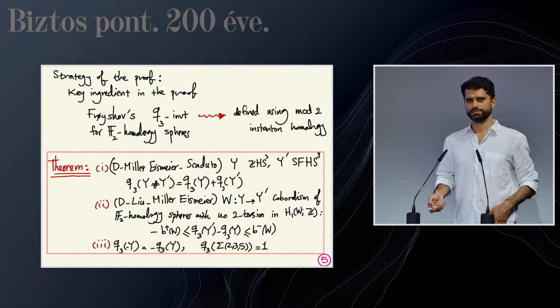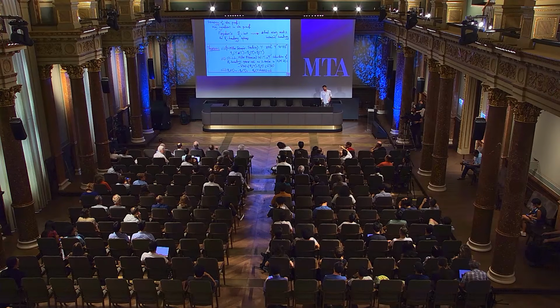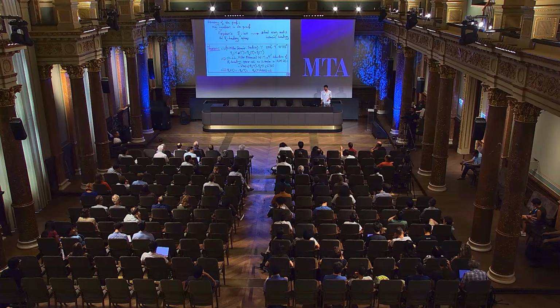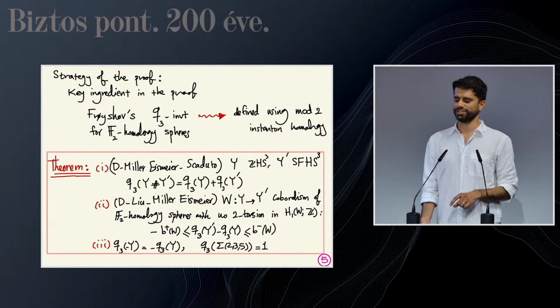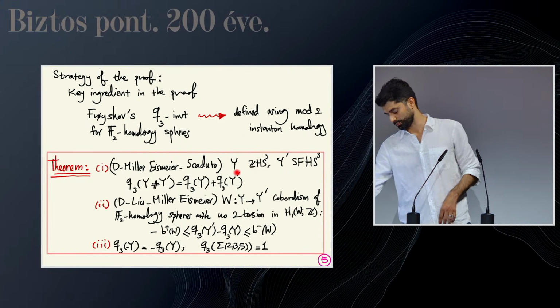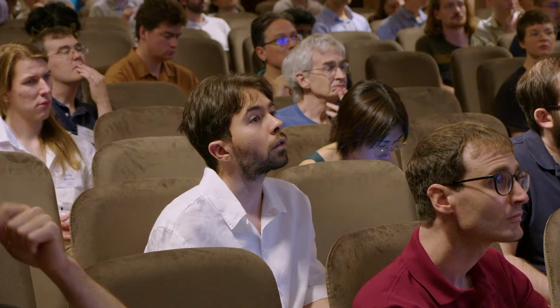Any questions up to this? Yes? Sorry, can you repeat the first one? Why are we assuming that it's a Seifert fibered homology sphere? Oh, yes, sorry. This means Y is an integer homology sphere, and Y prime has to be a Seifert fibered homology sphere.